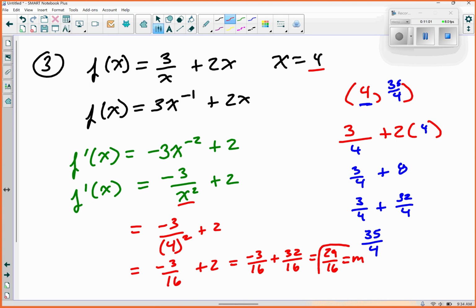There's my slope. Ooh, that's a nasty slope. Dude, shame on Stirrup giving this stuff.